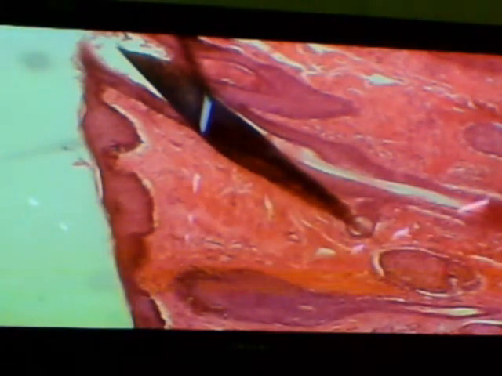Krause is right up in the corner, in the fornix, and Wolfring is on the lid, but higher than the meibomian glands. Okay? Any questions? The eyelash, Zeis and meibum.